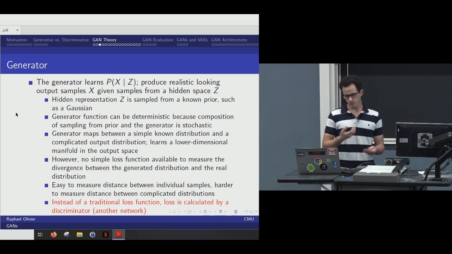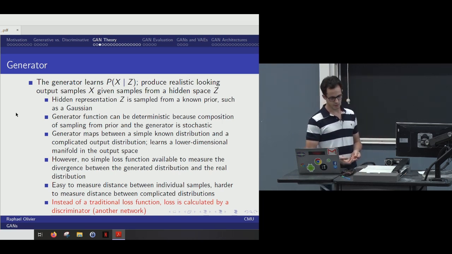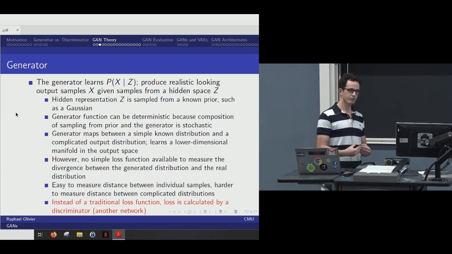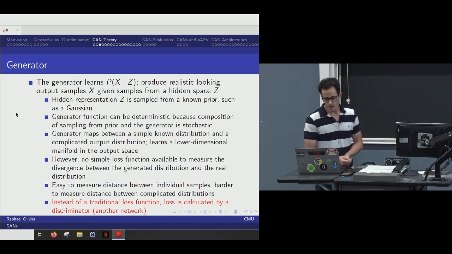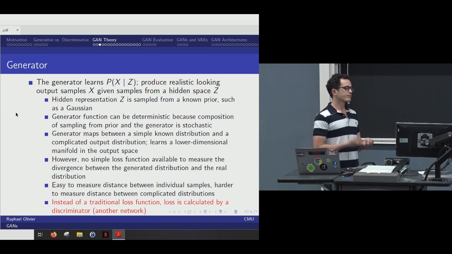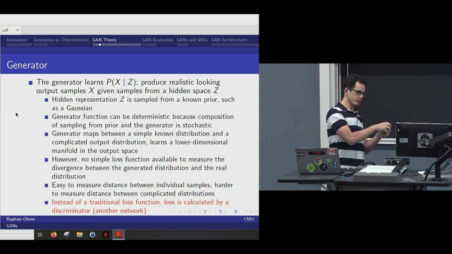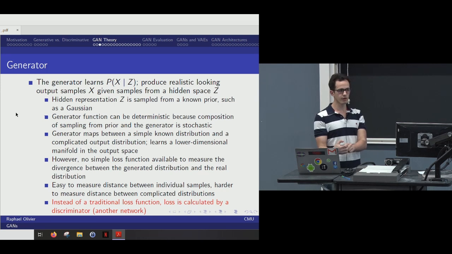Now, what's the idea behind that? Remember that what you want the generator to do is draw from the real distribution of the data. But you don't really have access to that distribution. You cannot draw from it easily. Otherwise, you'd be done with the problem. So instead, you draw from a simple distribution, and the network learns to map the simple distribution to the complex one.